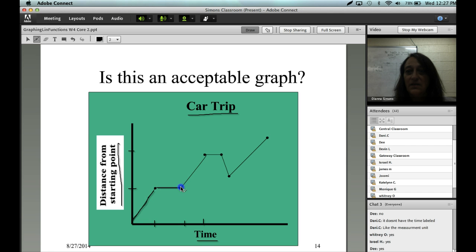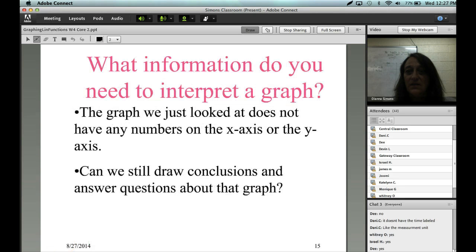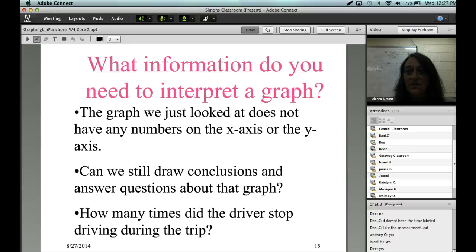Then right here it's standing still. Again, moving forward. Stopped for some gas. Right here, it's moving backwards, and then it's moving forward again. So you can still get information about this graph, and it tells you how many times did that driver stop? I know you don't see it anymore, but yes, 2 times.